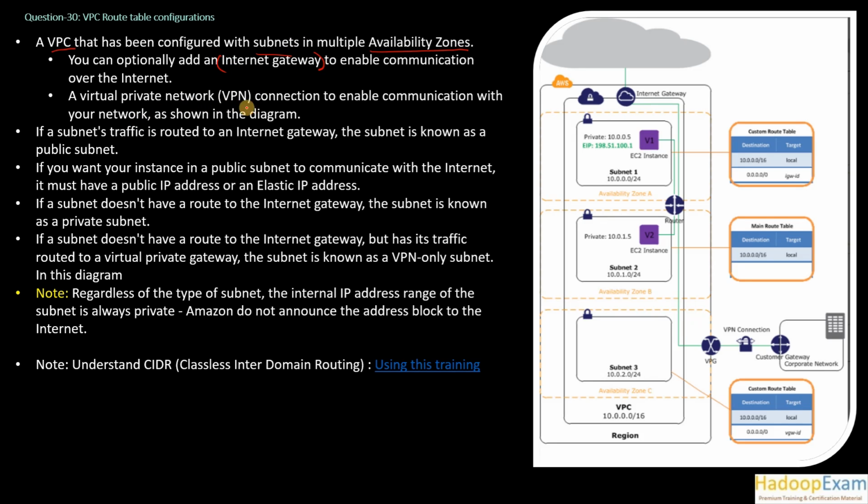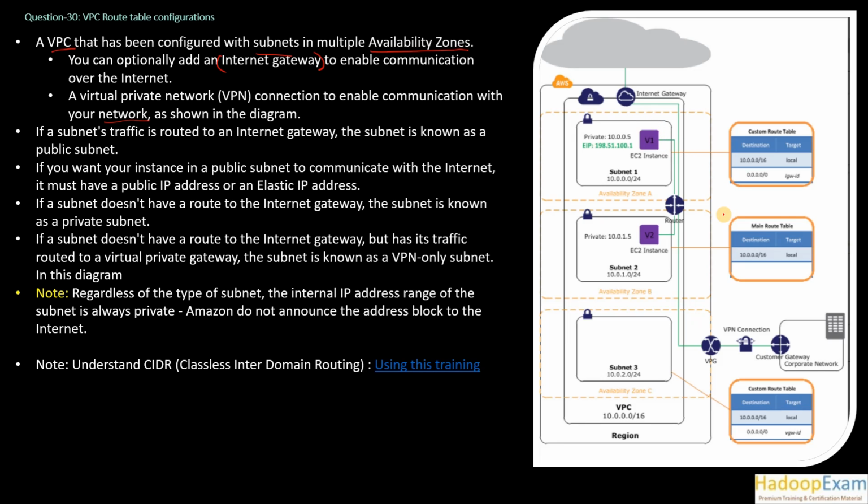A virtual private network VPN connection to enable communication with your network or your data center, that is as shown in the diagram. If you see here, this is a VPN connection with the subnet, which we are using here. And this is for internet gateway V1.